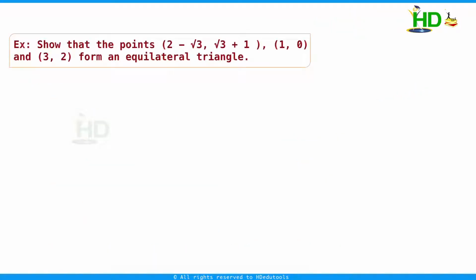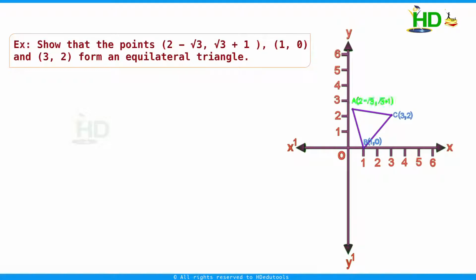We take another problem. Show that the points (2, minus root 3 plus 1), (1, 0) and (3, 2) form an equilateral triangle. The 3 points given are A(2, minus root 3 plus 1), the coordinates of B are (1, 0) and the coordinates of C are (3, 2).